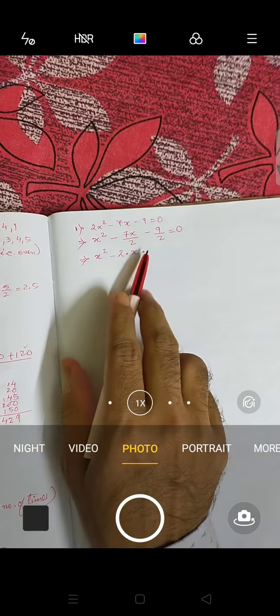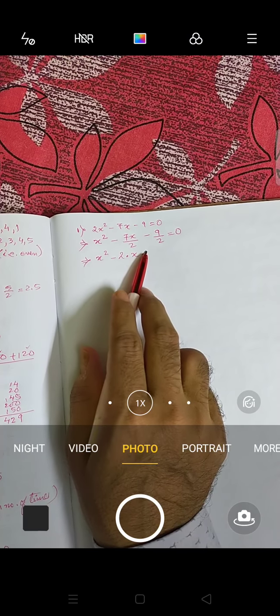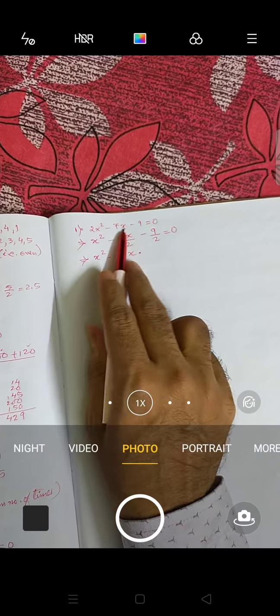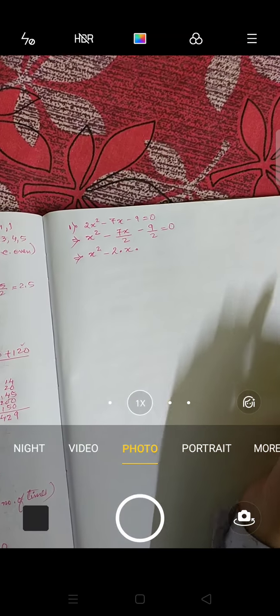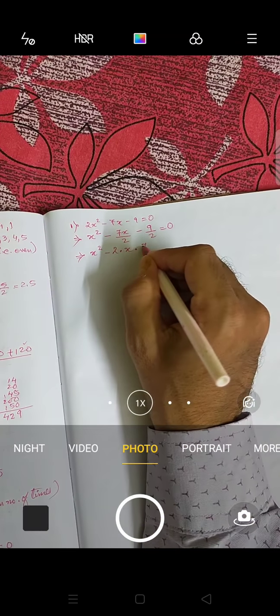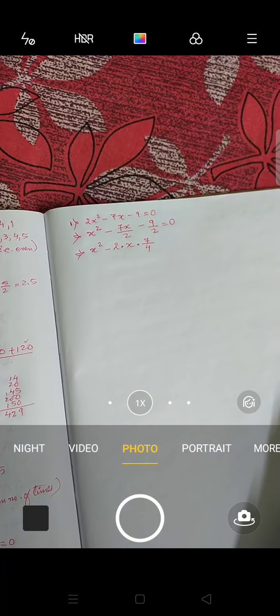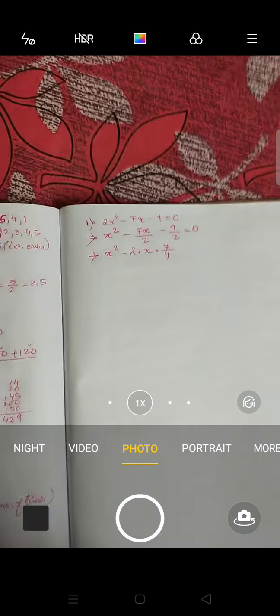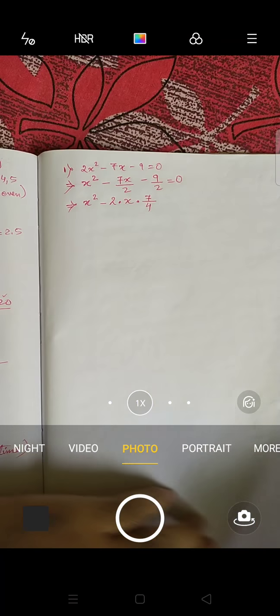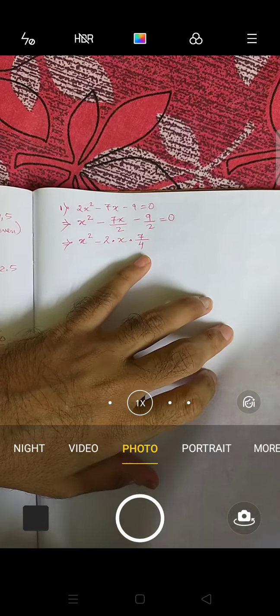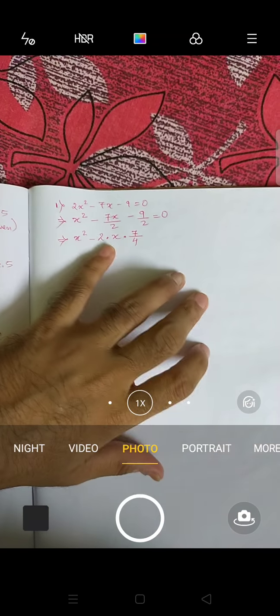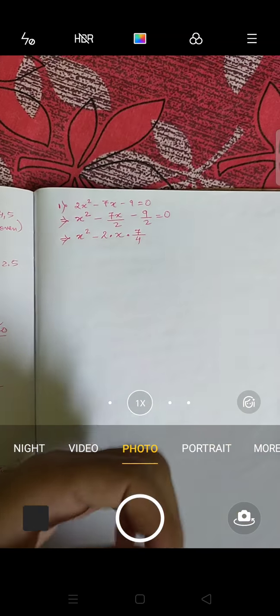You have to take b in such a way that after solving this you should get 7 by 2. So I'll take this as 7 by 4. Any problem? If I take 7 by 4, this 2 and this 4 will be cancelled. I'll be having 7 by 2x. Correct?